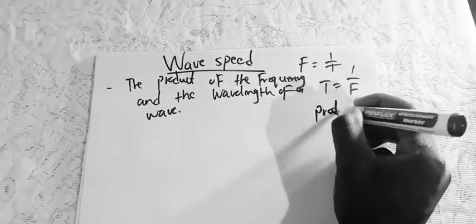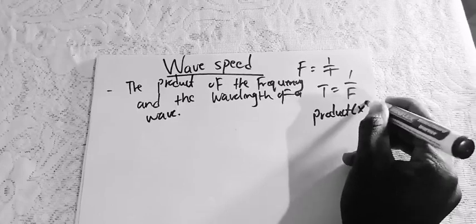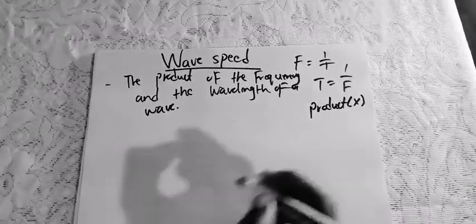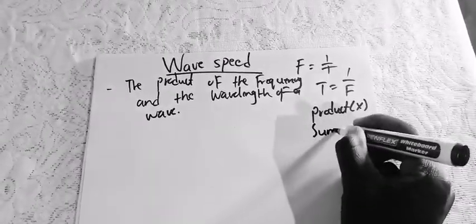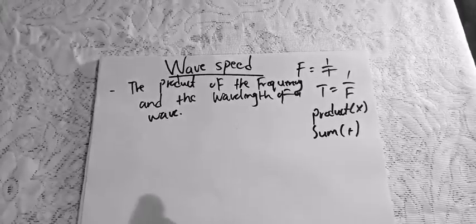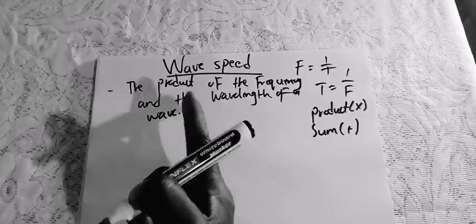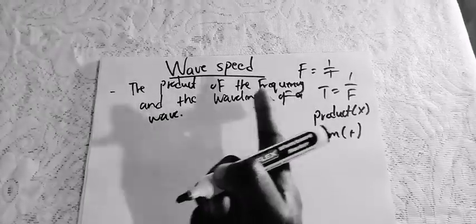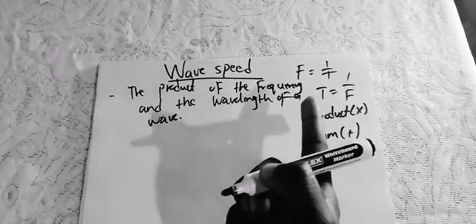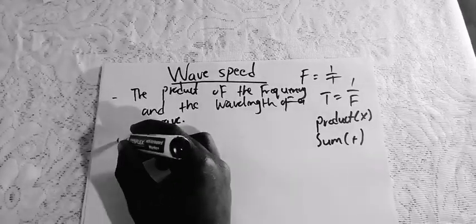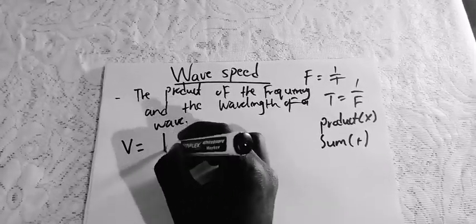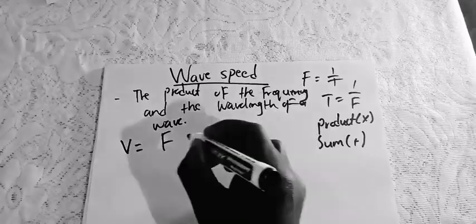A sum is to add, a difference is to subtract, a quotient is to divide. In other words, we get wave speed when we multiply the frequency with the wavelength of the wave.